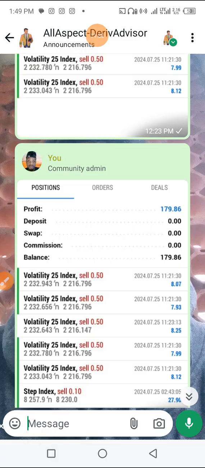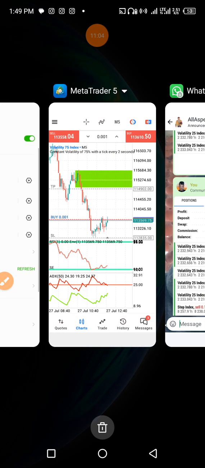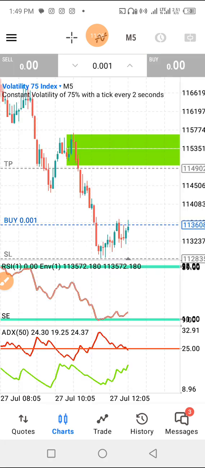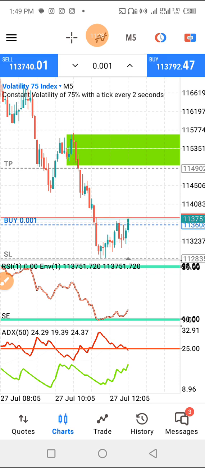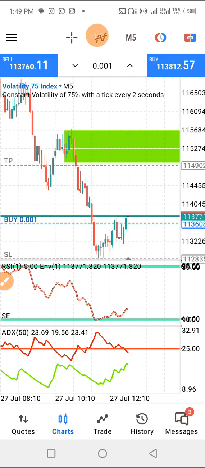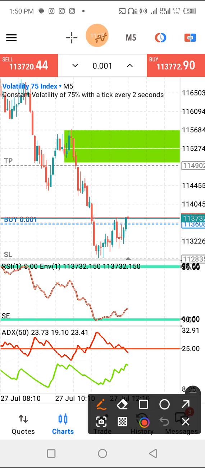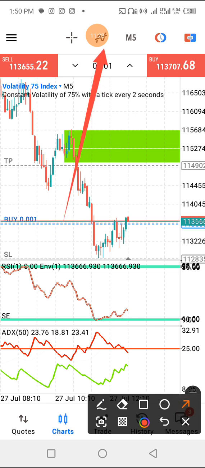Let me go back to the chart and show you the settings for the current strategy I'm explaining. For the settings, click this very icon here at the top side. When you click on that icon, it's going to take you to the indicators home.